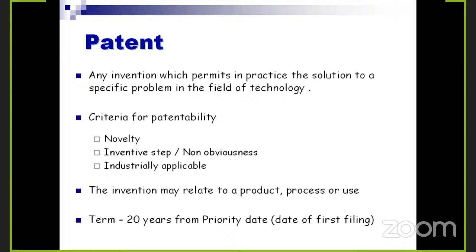It can be achieved. Now the next and the most crucial step for patentability is inventiveness, or non-obviousness.